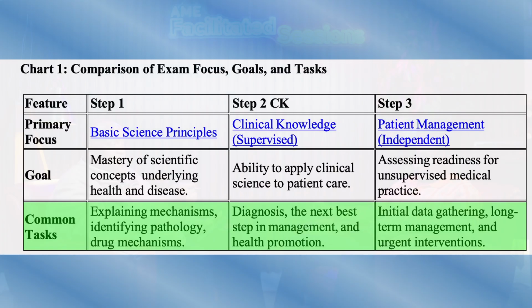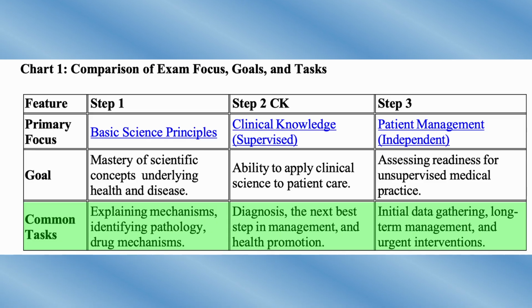So when we think from that perspective, those faculty who are writing step one questions, the clinical context of the vignette is attempting first to see, do you recognize that there is a clinical context to any change in the mechanisms of these sciences in the human condition?